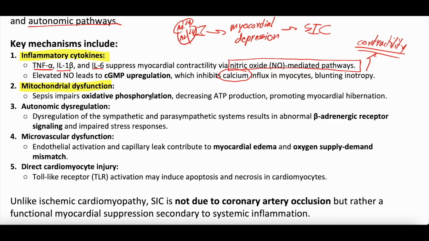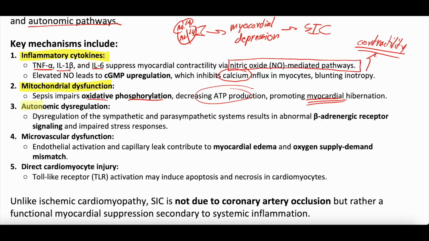Sepsis impairs the mitochondria's ability to do oxidative phosphorylation. Thus, the mitochondria cannot produce enough ATP, and that leads to the myocardial cells not being able to function at their peak, and that can lead to decreased cardiac function.